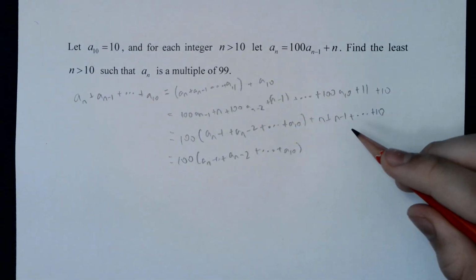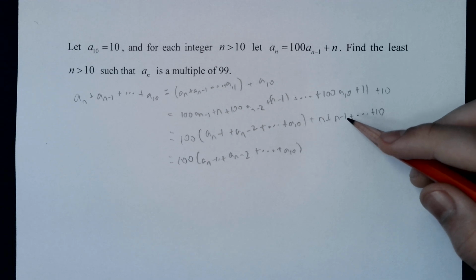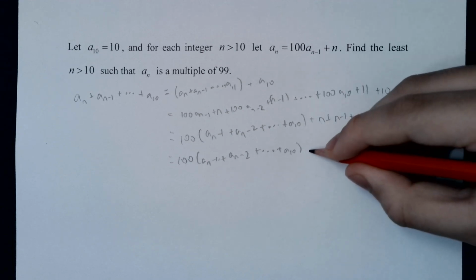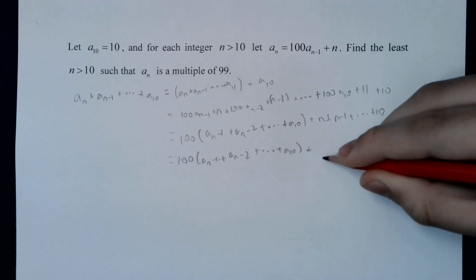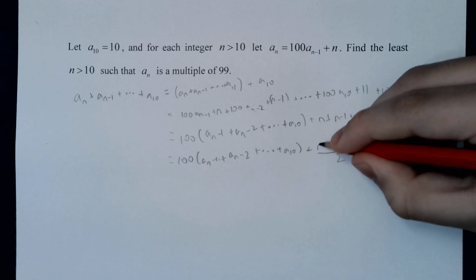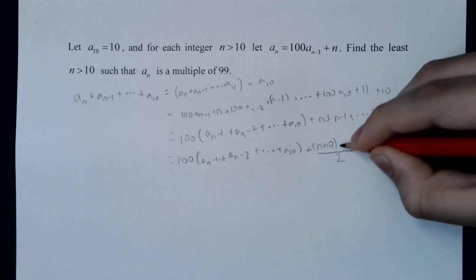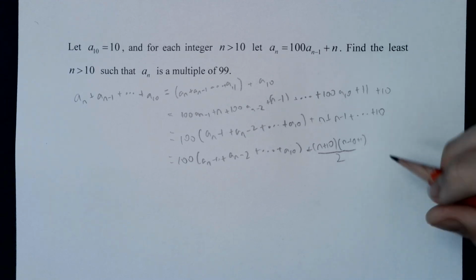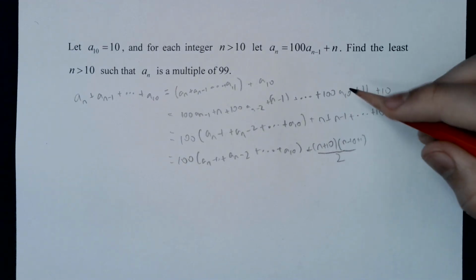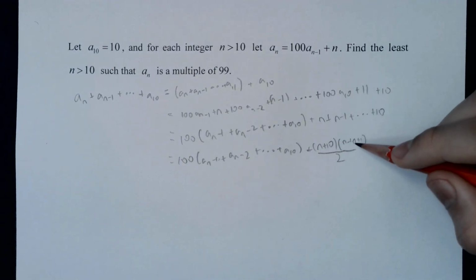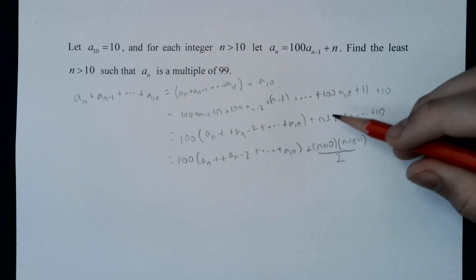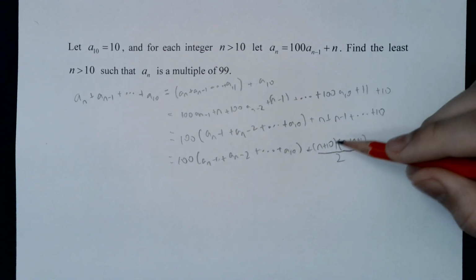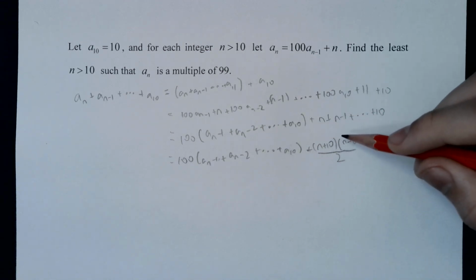And here, because this is an arithmetic sequence that decreases by 1 every time, we can turn this into n plus 10 times n minus 10 plus 1, divided by 2. This is because in an arithmetic sequence, we have n minus 10 plus 1 terms, and the first term plus the last term is n plus 10, and we have to divide by 2.